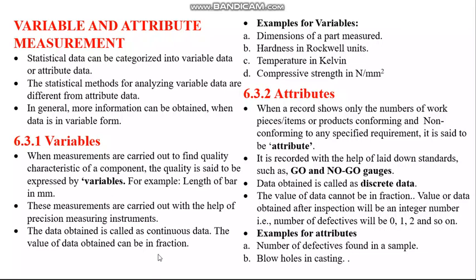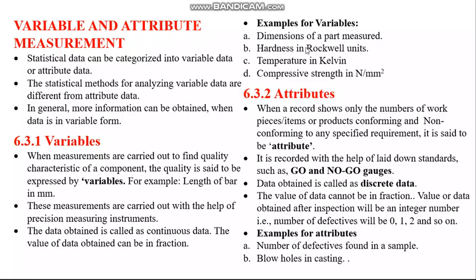Variable data can be in fraction. Fraction means it can be 1.5, 1.7, 1.98, such fractions; decimal digits also it takes. The data of variables can take decimal points.